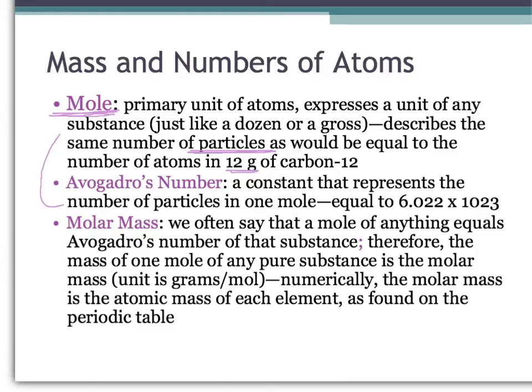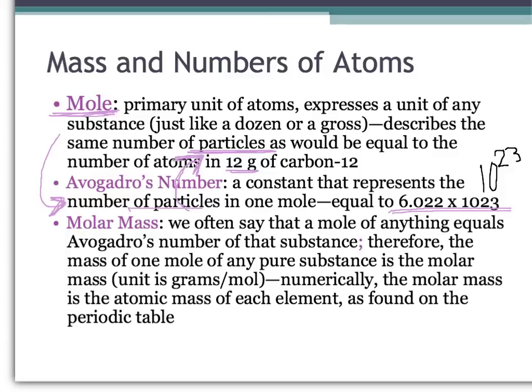So what has happened is a lovely Italian gentleman named Amedeo Avogadro, who spent most of his professional life dedicated to studying atoms and numbers of atoms and things like that, developed a constant, which we now call Avogadro's number, that represents how many particles this would be. Since we don't have at our disposal a way to calculate the number of carbon atoms in a mass of carbon, Avogadro has developed this constant that says that 1 mole is equal to 6.022 times 10 to the 23rd anythings.